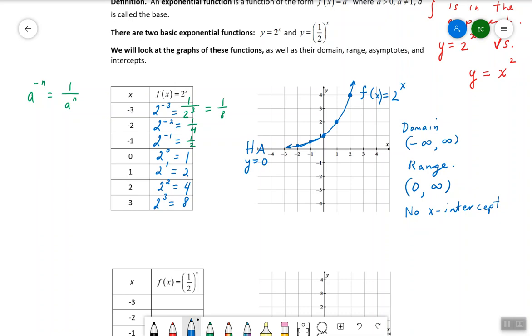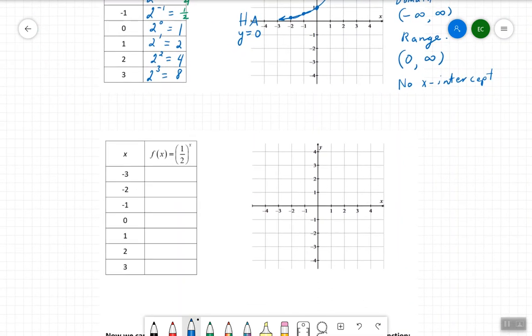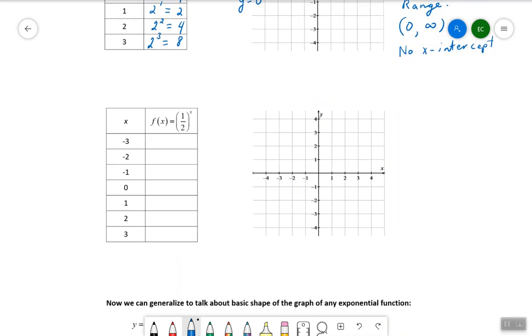Okay, so there is the first basic function. Let's go ahead and work on the next one. The next one is y equals 1/2 raised to the x, and so we can plug in 1/2 to the -3. That could be a little tricky.